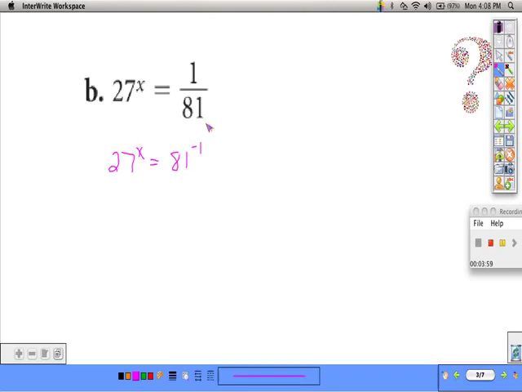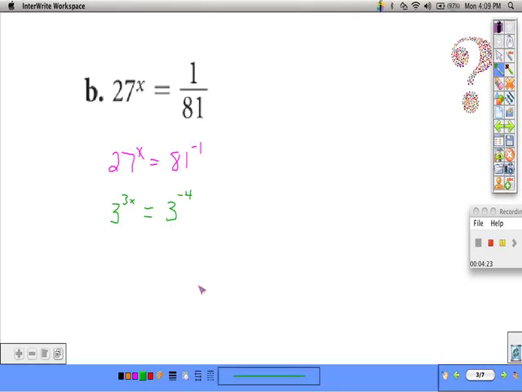Now we look for that common base again. 27 is 3 cubed, and then it's also to the x power, so 3 times x up in that exponent. 81 is 3 to the 4th, and then we have the negative 1 up there. 4 times negative 1, we have negative 4.